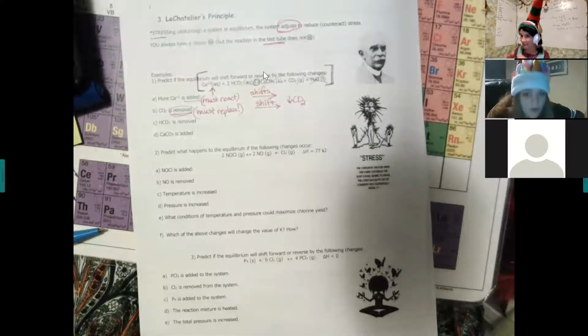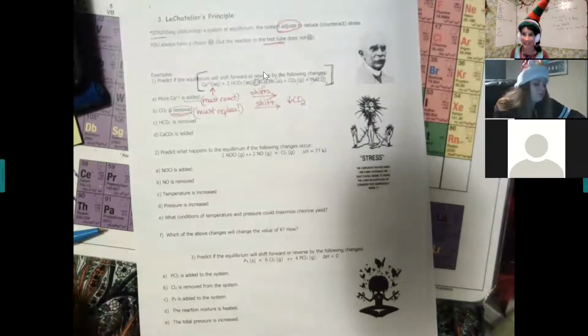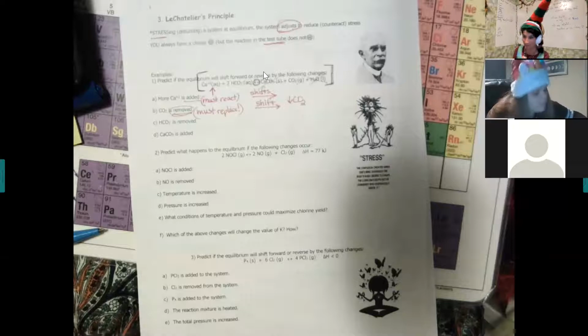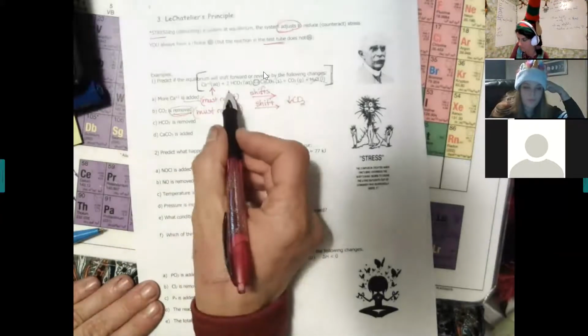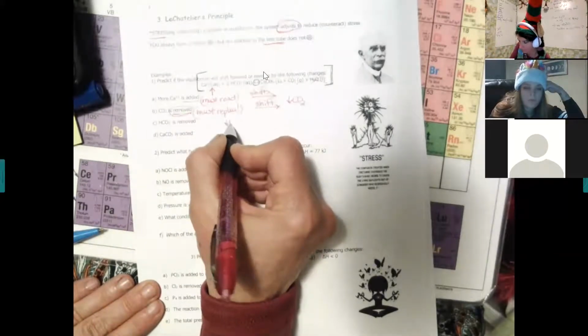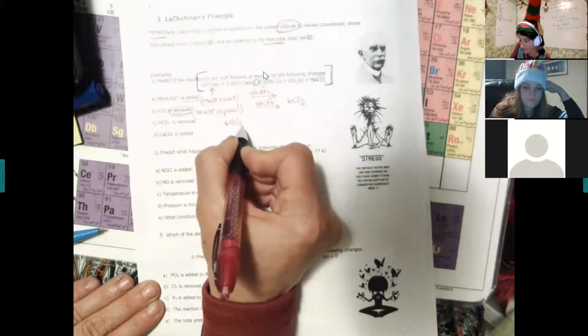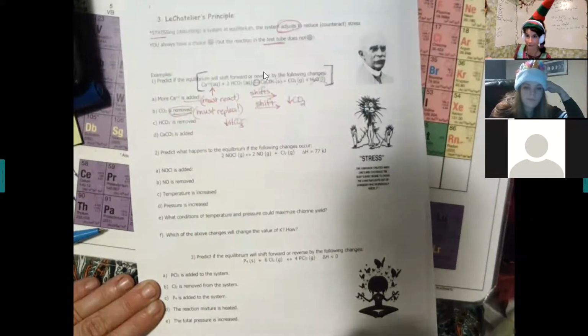This is all happening because K is a constant, and if we did the math, everything has to shift to keep K the same. All right, so if we remove the bicarbonate, so if we take away the bicarbonate, this time it's going to shift reverse.